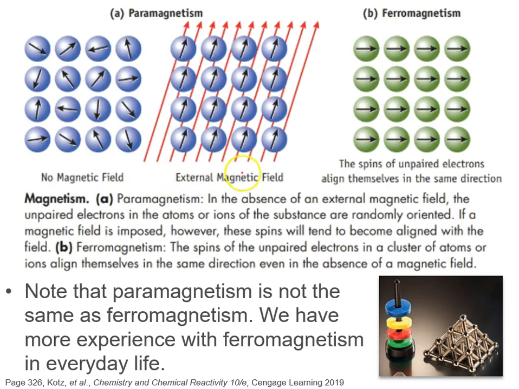But as soon as we apply a magnetic field, then the spins become aligned. So in terms of the strength of magnetism, ferromagnetism is much stronger than paramagnetism, because with ferromagnetism, the spins are aligned even in the absence of a magnetic field. But for paramagnetism, you have to actually apply an external magnetic field.